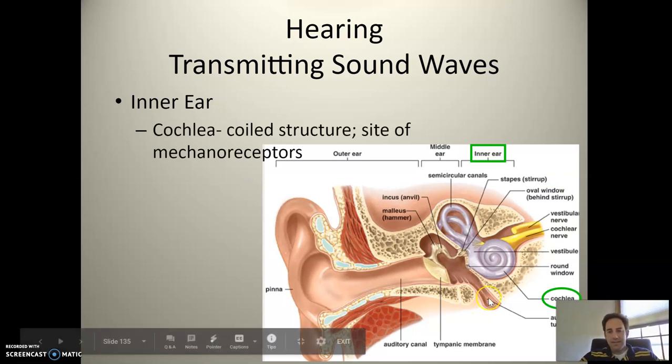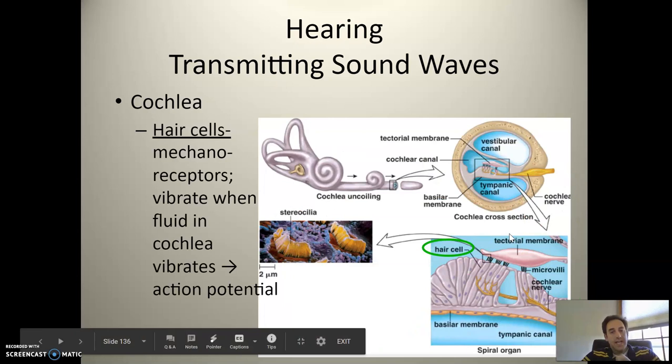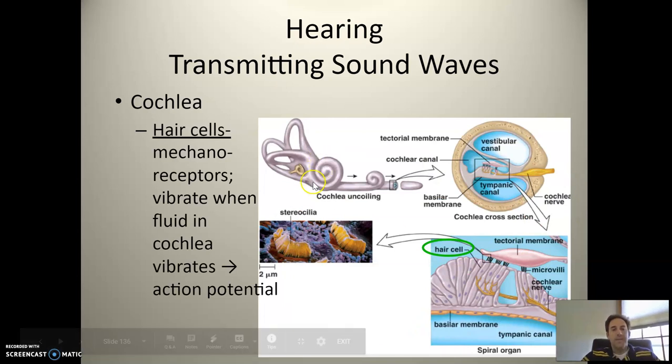And the cochlea is this coiled structure. This is the site of the mechanoreceptors that are going to actually help us to hear. So to understand this, we need to take this cochlea and uncoil it, chop it in half, and look at it end on. If we look at it end on, we see this tiny area can be zoomed in, and we finally see those little hair cells.